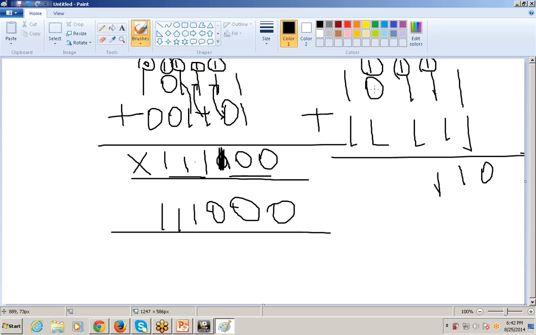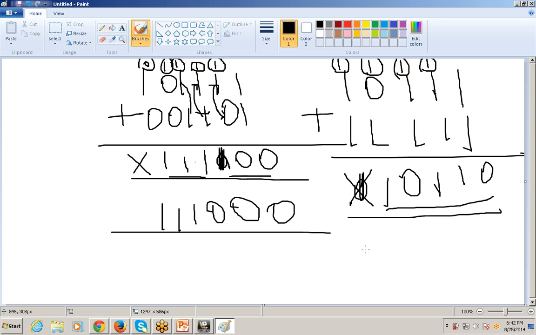Again, 1 plus 0 is 1, 1 plus 1 is 0, carry is 1. Again, 1 plus 1 is 0, 0 plus 1 is 1, and the carry is 1. This is the output, but we are using only 5 bits, so I have to discard this 1. So the output is 1, 0, 1, 1, 0. This is how we can calculate the addition part.